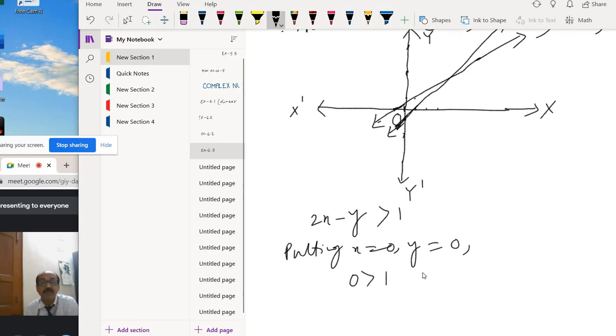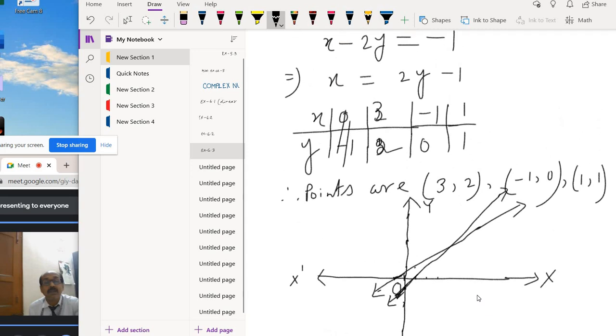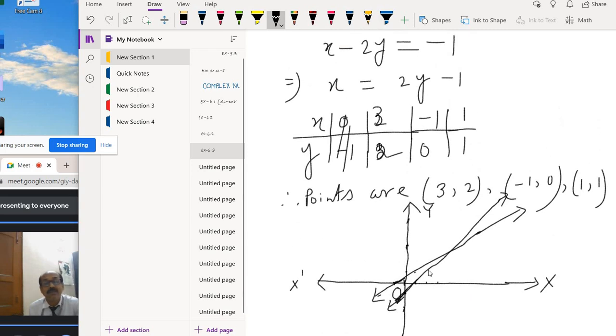So the direction is away from the origin. Okay, so that means this side. See, this is the direction.